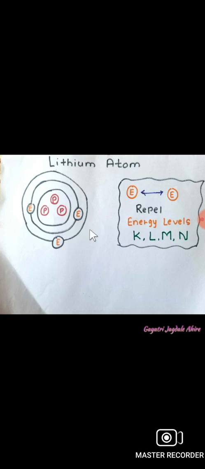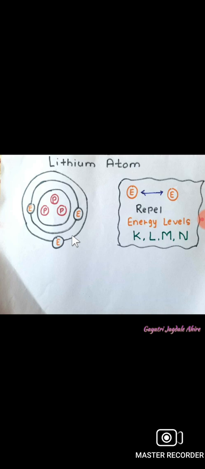The third electron will jump into the second shell. The second shell or second energy level is bigger than the first shell and can accommodate up to 8 electrons.